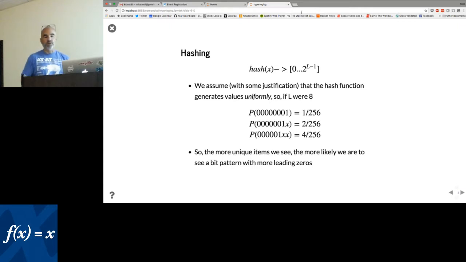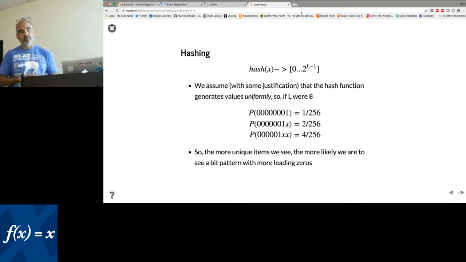So the implication is that if there are 8 bits, let's say, the first item with 7 zeros and a 1 will occur with a probability of roughly 1 out of 256, because there are 256 possible elements and they're uniformly distributed. Similarly, patterns with 6 leading zeros, a 1, and then either a 0 or 1 will occur with probability 2 out of 256, and so forth.